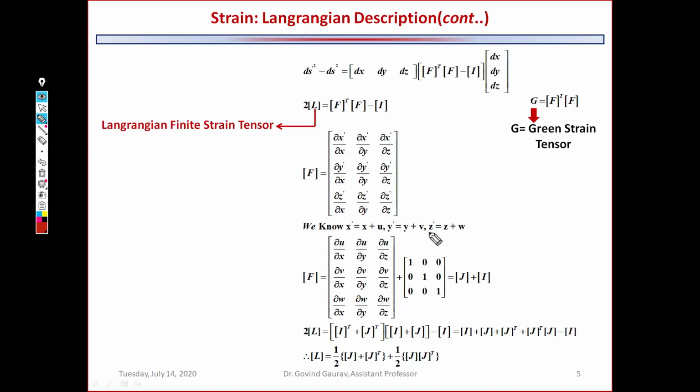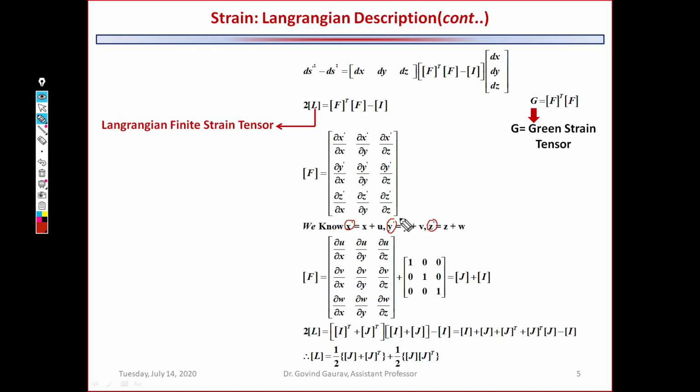The next step would be to put the values of z dash. Z dash will go over here, over here, and over here. Again, we will partially differentiate it with respect to x, with respect to y, and with respect to z.